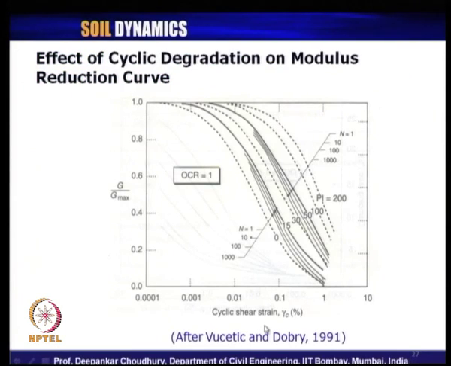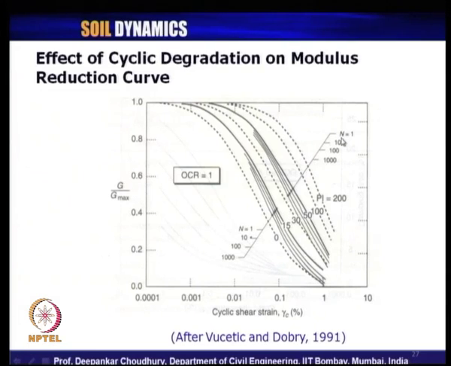Also, Vucetich and Dobry, from their same results, had proposed, this is actually the PhD thesis work of Professor Vucetich, who is a professor now at UCLA, Los Angeles, and he did his PhD with Professor Dobry. So, another set of results they have proposed is how the degradation of the modulus reduction curve occurs at different numbers of loading cycles.